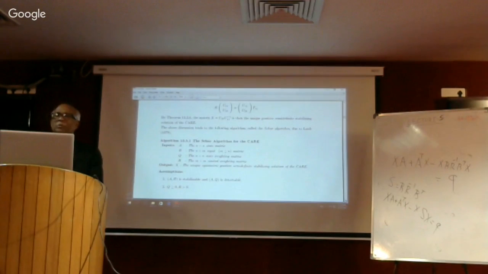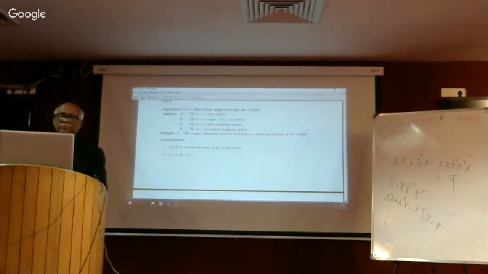As I said, we are trying to construct the invariant subspace associated with the stable eigenvalues. That means we want the stable eigenvalues to appear first, and then the non-stable eigenvalues. We'll make some assumptions so that there will be no imaginary eigenvalues, because we have to filter those out, as the theorem says.